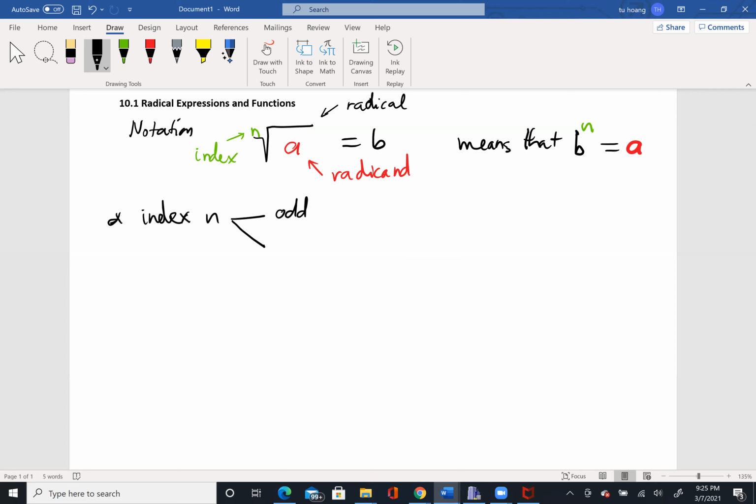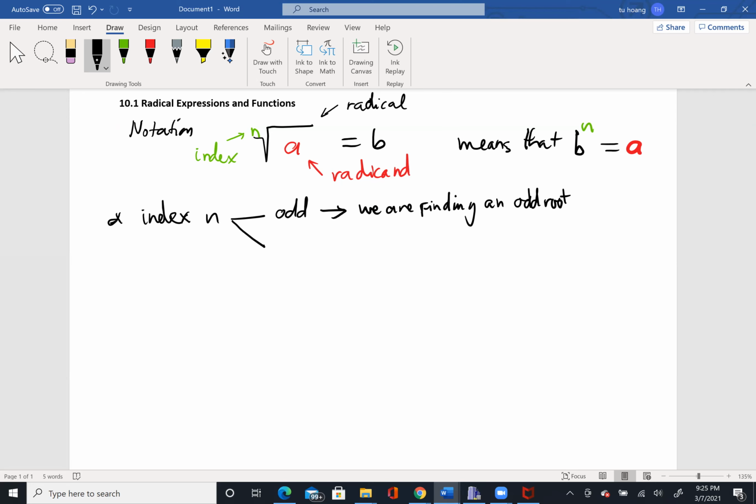Then in this case we are finding an odd root.